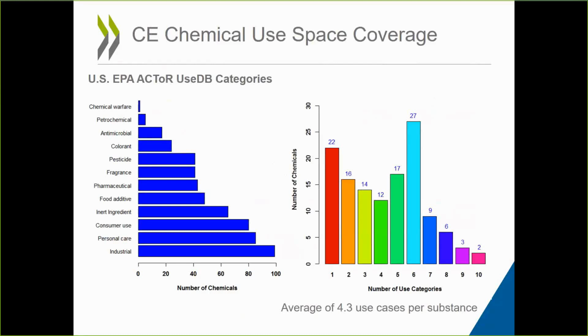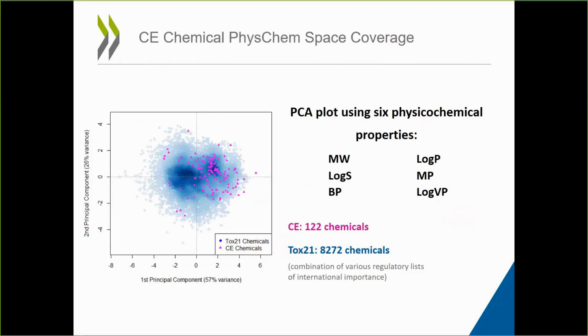So it's quite broad. And just to give you another indication of the chemical space that's covered by the Cosmetics Europe database, this is a plot in pink of the Cosmetics Europe database principal component analysis using 6 physicochemical properties. We didn't have the information on all of them, so it's 122 of the 128.